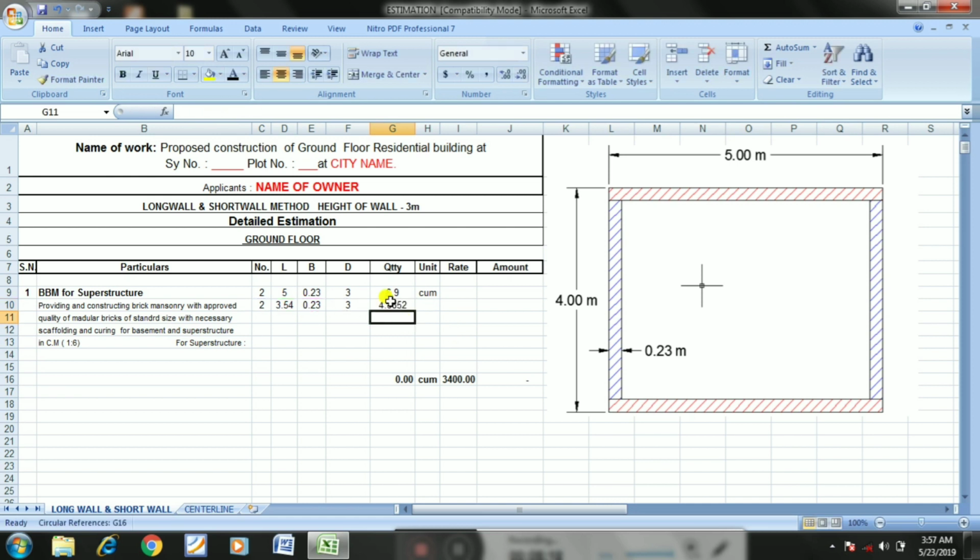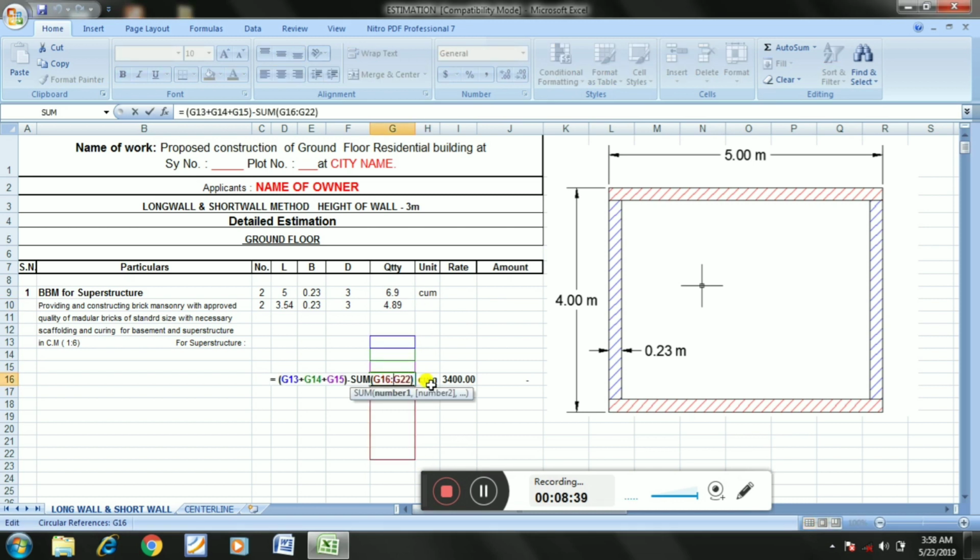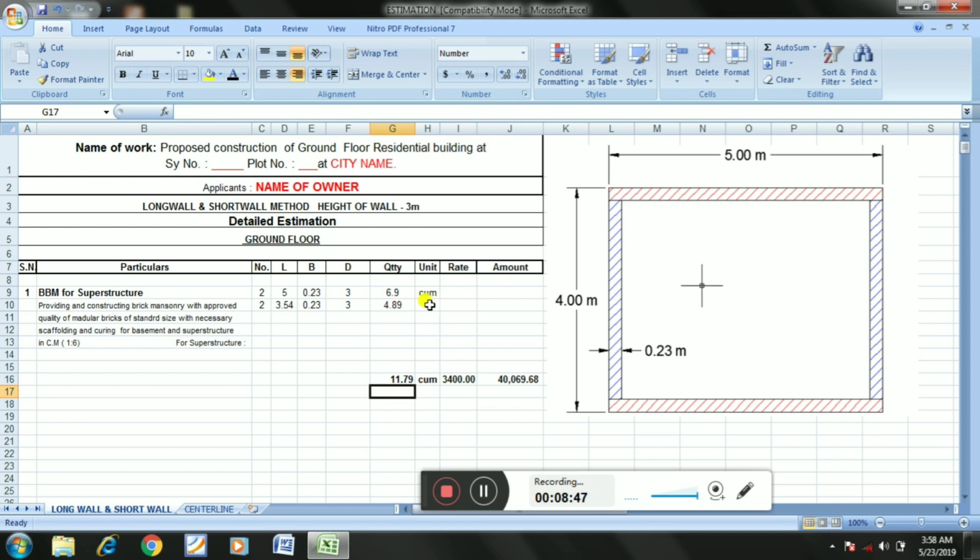So it is 4.88 or 4.89 cubic meter. Here I'll be finding the total quantity, which is the sum of these two. Here I'll write the same, cubic meter.